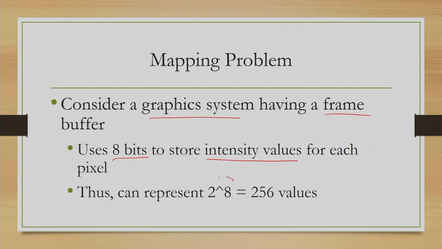That is 2 to the power 8, or 256 values. It means that for each pixel location we can assign any one of the 256 values as a color value. So, for that particular graphics device, any pixel can take at most 256 color values.